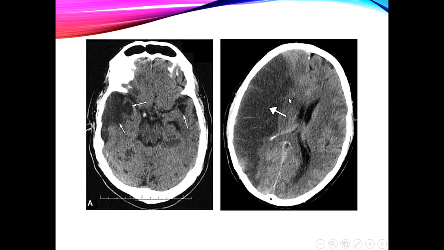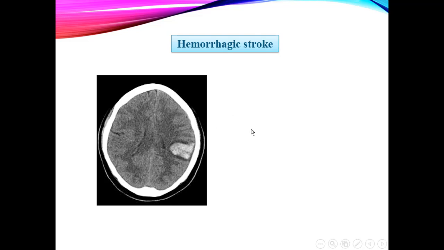you will see the damaged area, the ischemic area, more gray than the healthy parts of the brain. Okay, this gray part shows an ischemic stroke in the brain, while in the CT scan of a patient with hemorrhagic stroke, you will see the damaged area more white than the healthy parts of the brain.